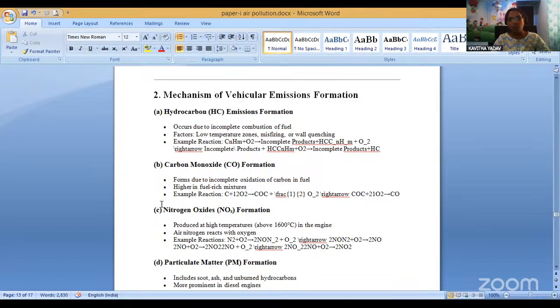Factors such as low temperature zones, misfiring, and wall quenching affect it. Example reaction: CnHm plus O2 gives rise to incomplete products plus. Just wait, I'm going to explain this very clearly.